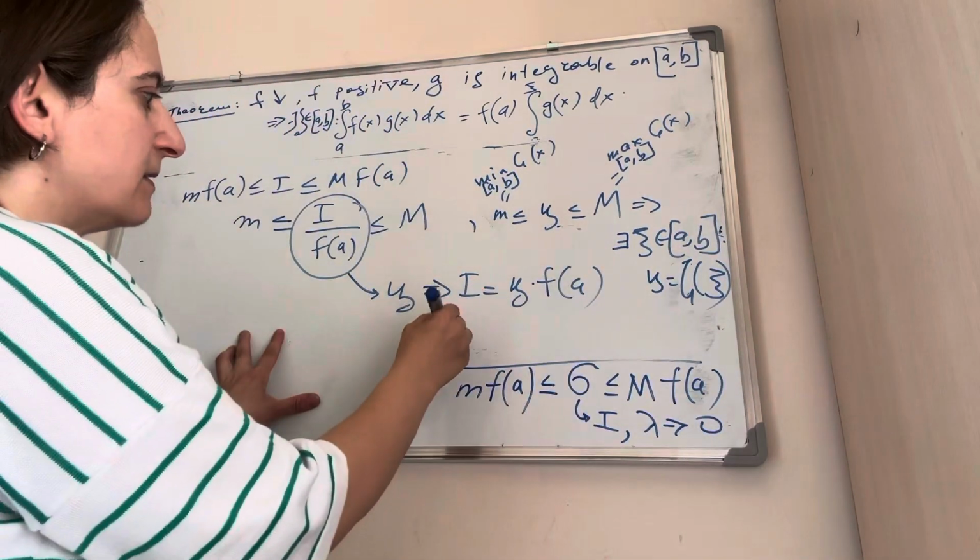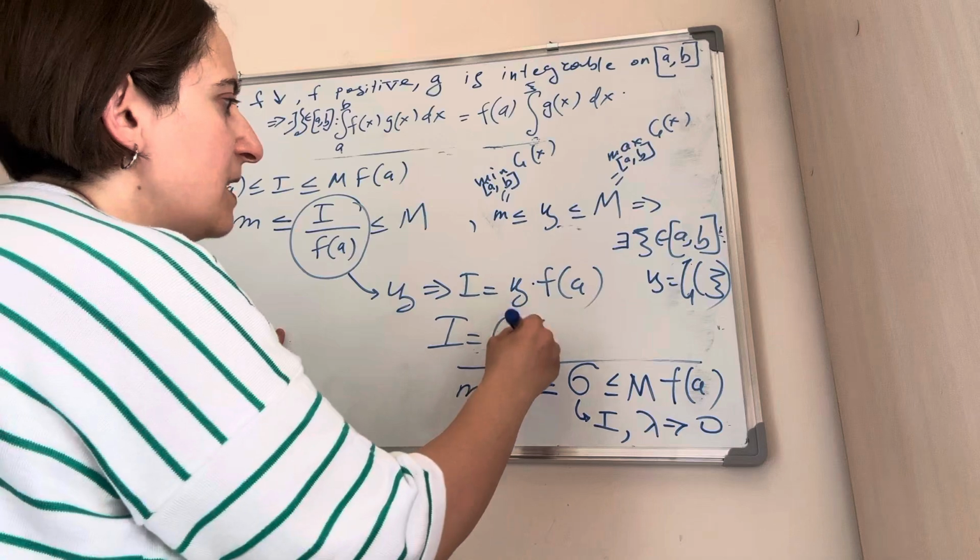So what we have here is that I is G(xi) times f(a).